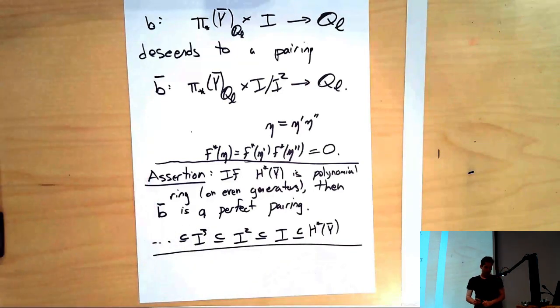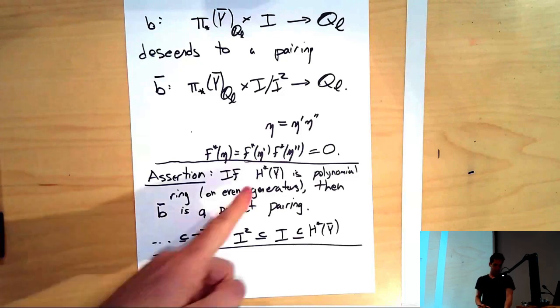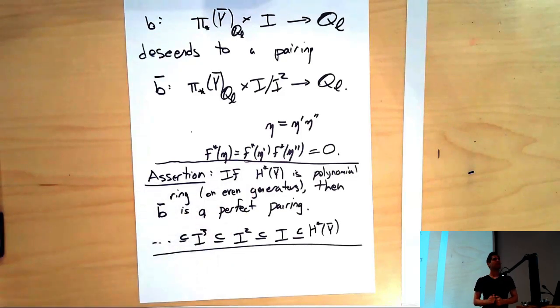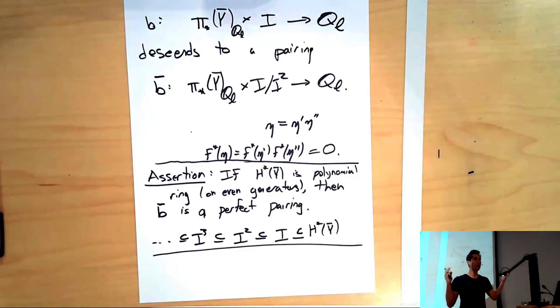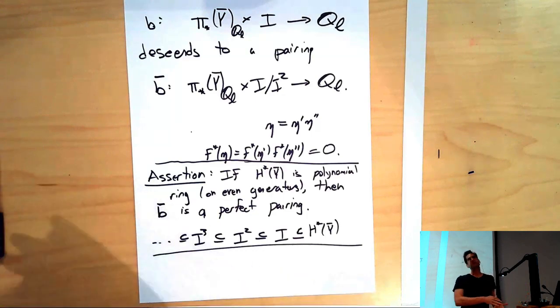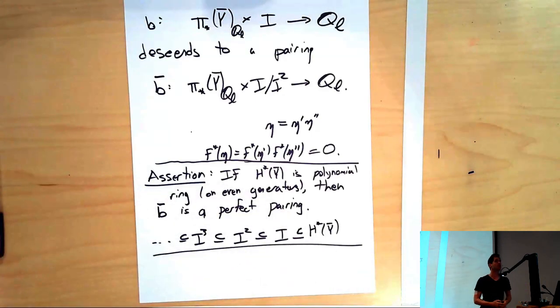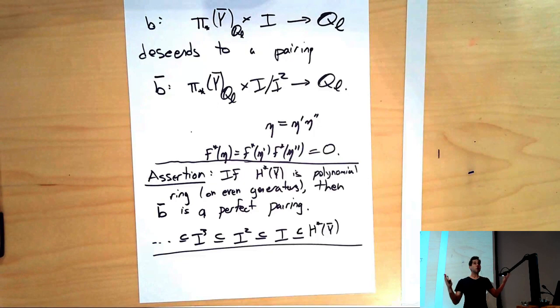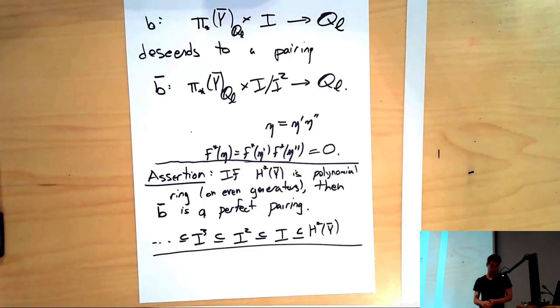Now, if you're thinking y bar is something like an algebraic variety, then this doesn't sound like a very plausible scenario, right? The cohomology ring of an algebraic variety, the cohomology groups are concentrated in degrees 0 up to twice the dimension of the variety. So it can never look like a polynomial ring on even generators.